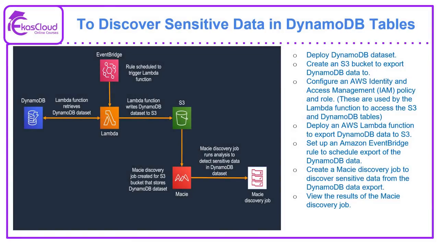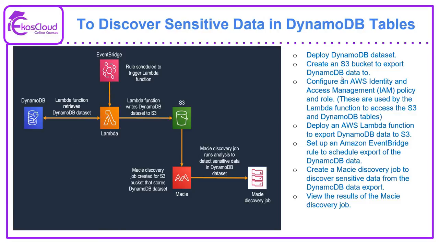And lastly, I would like to discuss a use case of where you can see Macie in action. The example here is when you would like to deploy a solution where you've got sensitive data within your DynamoDB table.